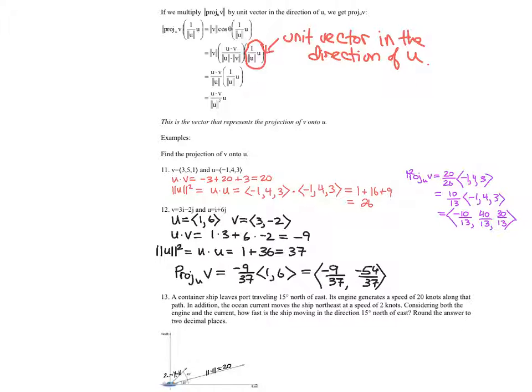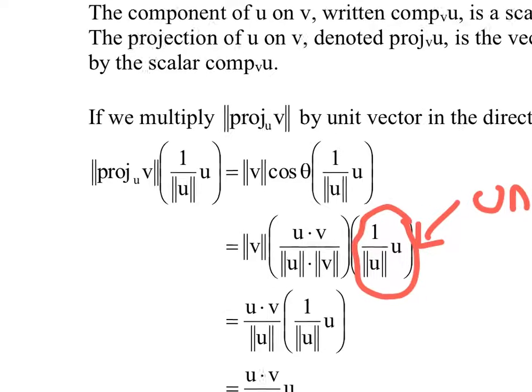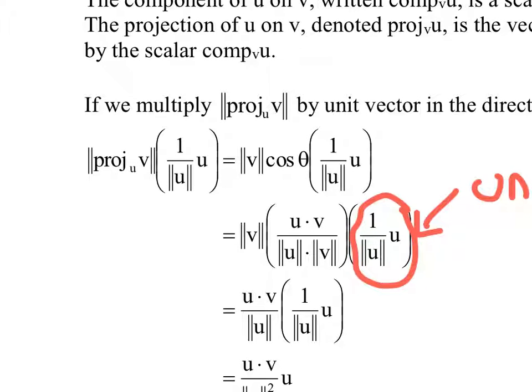The component form is u dot v over the magnitude of u, multiplied by u, but then the u's would cancel. So we just want the part that's u dot v over the magnitude of u. Again, that's the projection of v upon u, the component form. So that's what I want to reproduce down below.